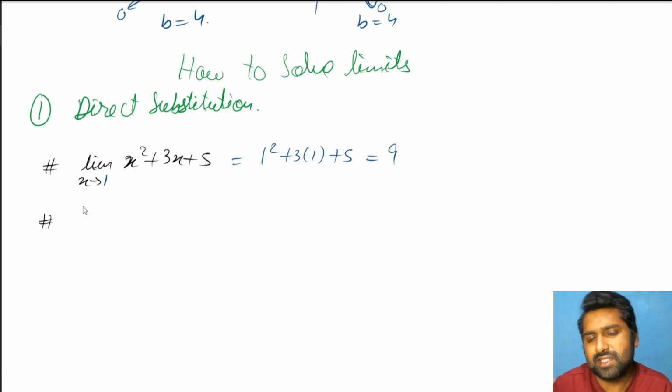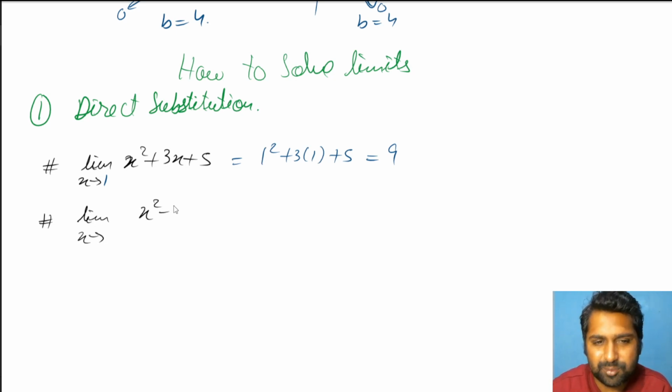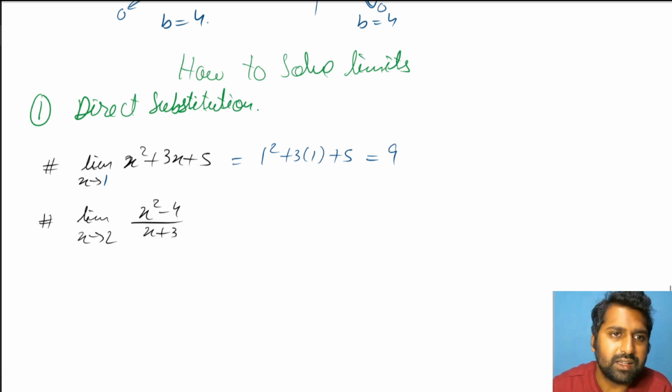So there is as such no real concept of limit here. Now let's complicate this slightly, though effectively it won't be, because this method is very simple. Say limit x tends to 2 of x square minus 4 upon x plus 3.